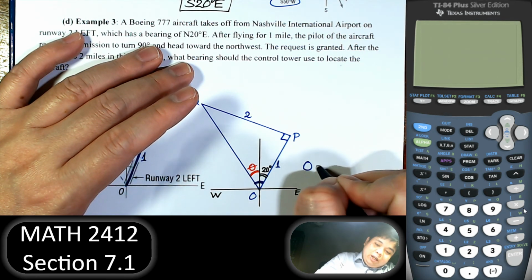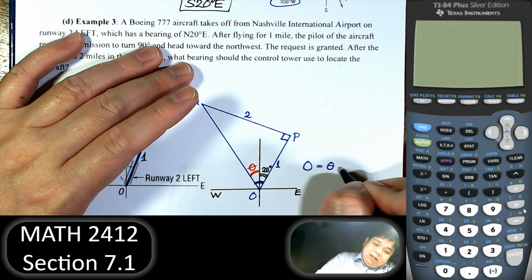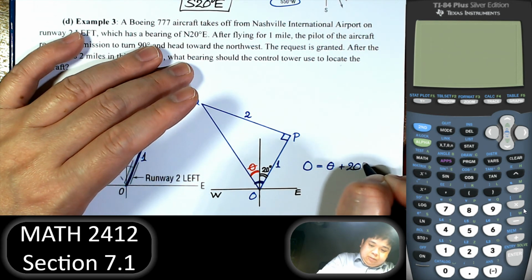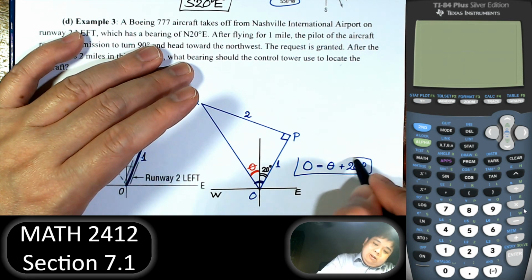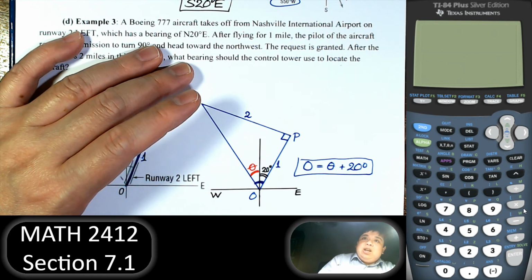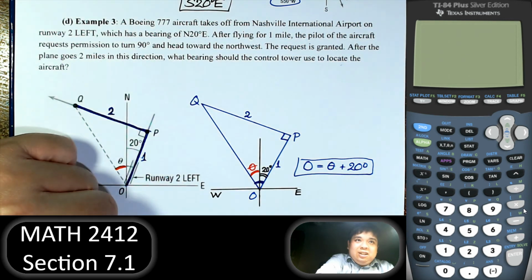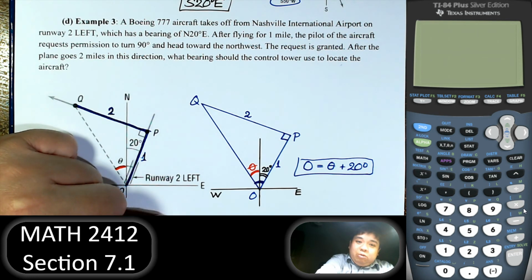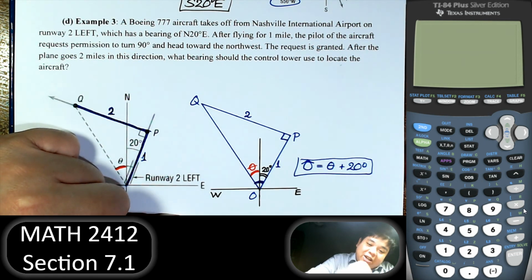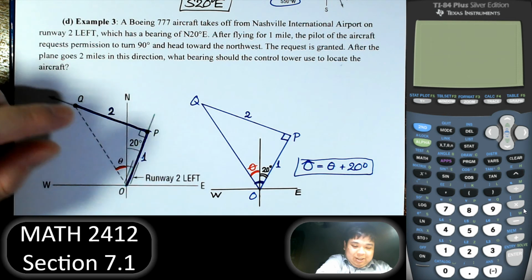So angle O is equal to theta plus 20 degrees. That looks like a zero, but this is angle O. If it is confusing, just put a hat on it. So that is the angle O.